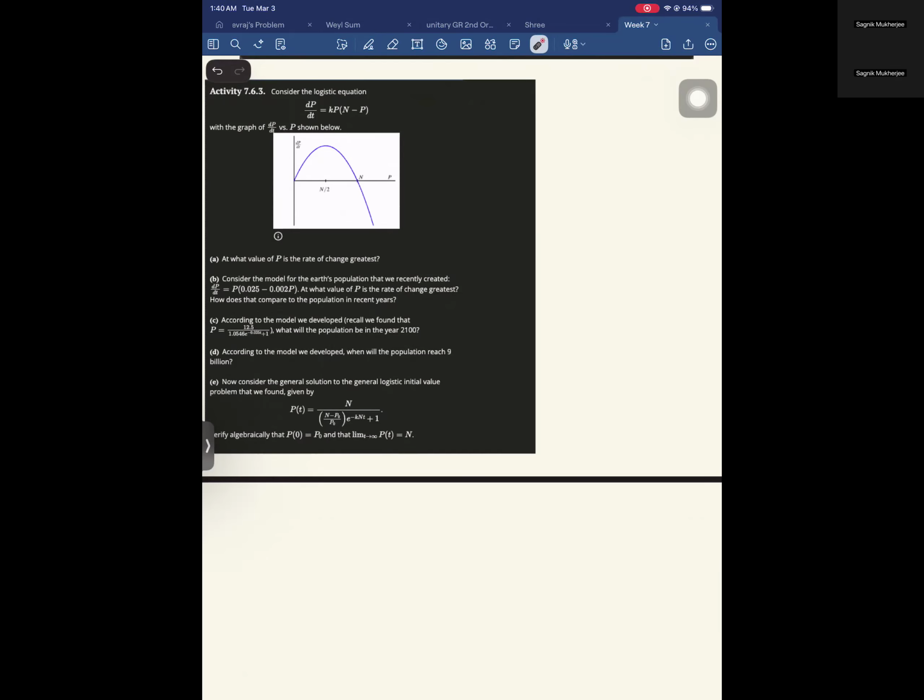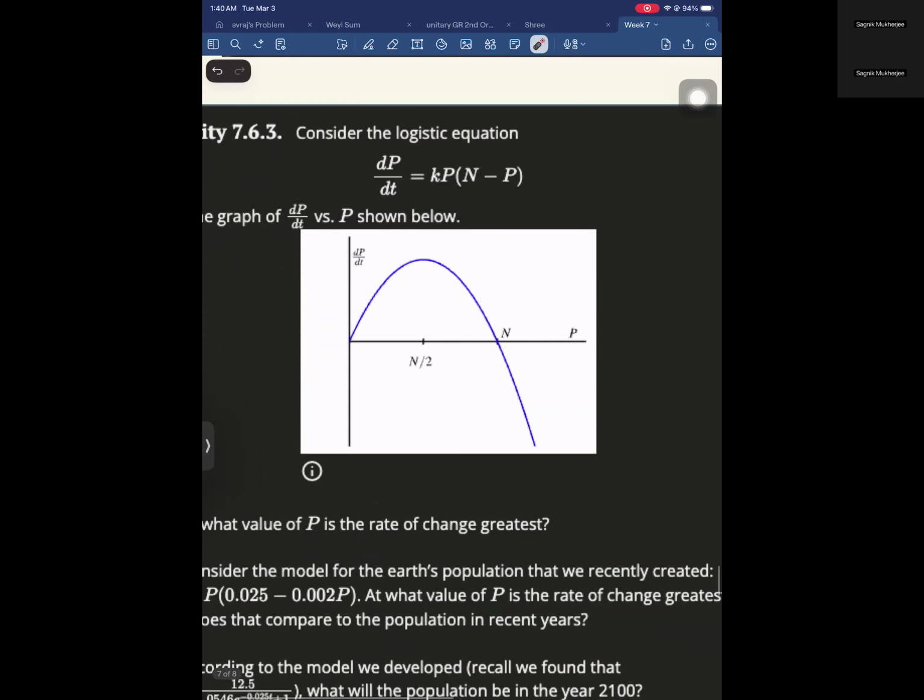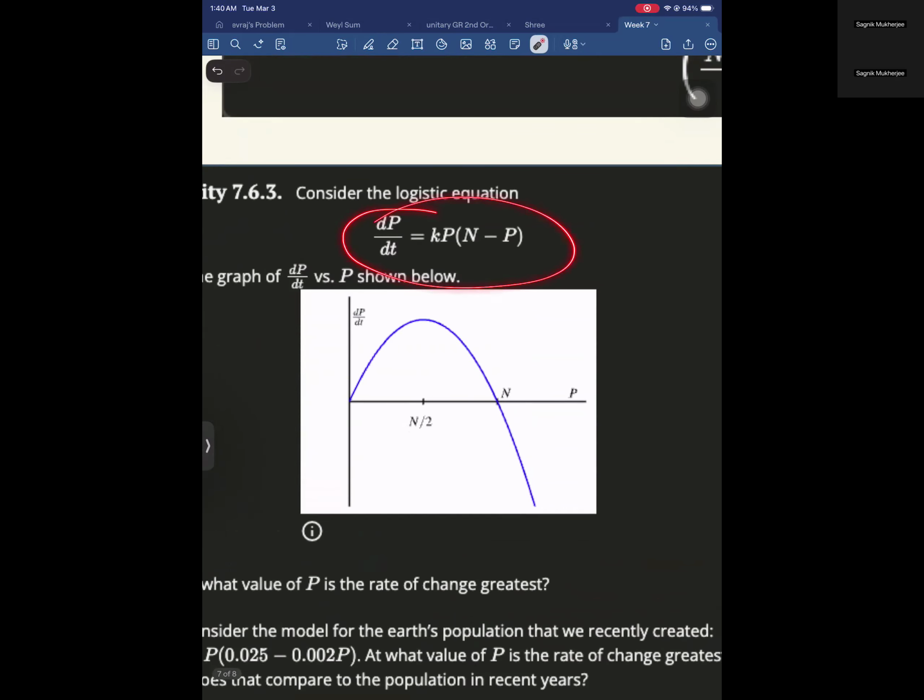Now remember, rate of change is always this, dp/dt. And here is the graph of the function dp/dt with respect to P. As you can see, the function dp/dt was increasing until n over 2 and then started decreasing from there.